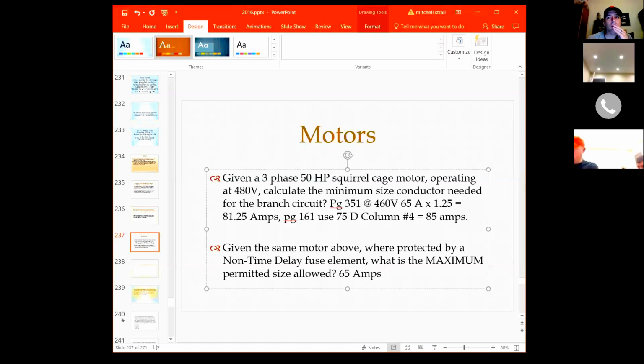You go over to the table that has the non-time delay calculation on it. Yep. Page 335. It's 430.52. So you take 65 amps times 300. 300.